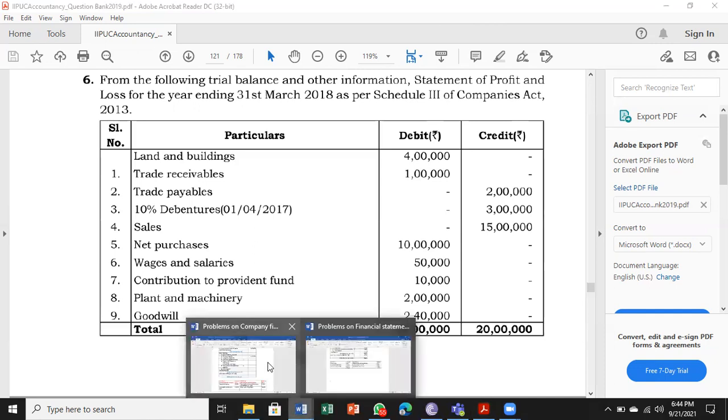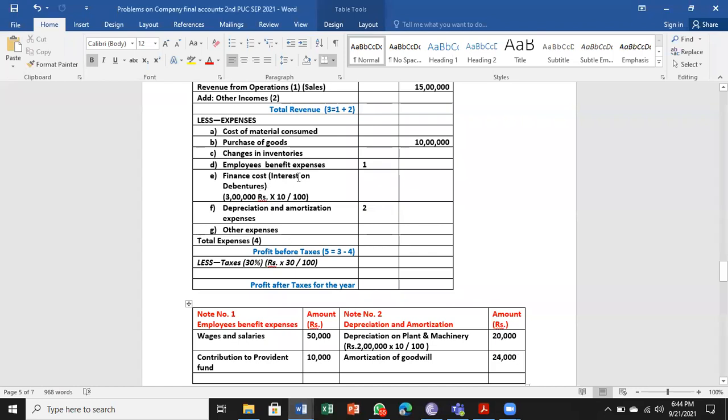So if it is so, that becomes interest payable. So I have written here under finance cost, outstanding interest on debenture. Debenture amount is 3 lakhs, 10%, 30,000. Outstanding means interest not paid. Remember, interest not paid is outstanding interest on debenture.